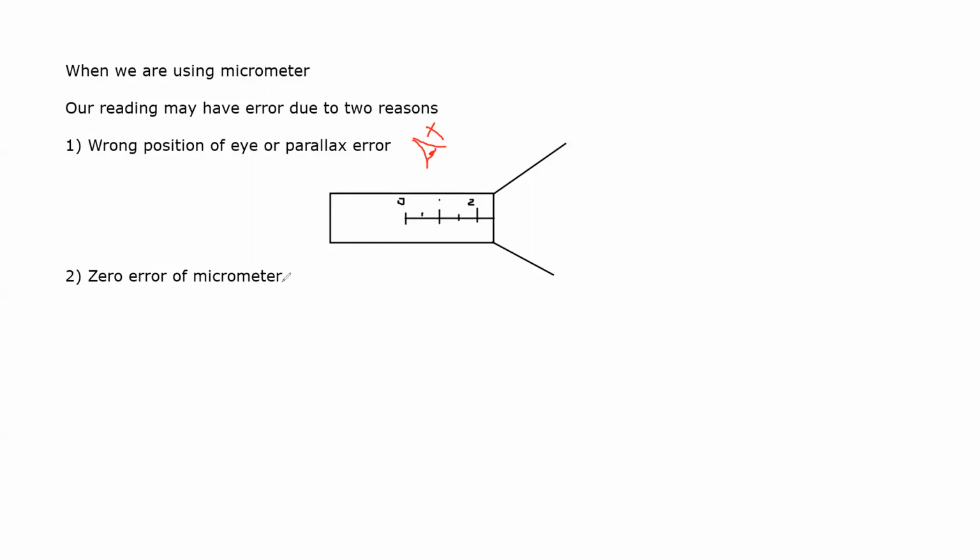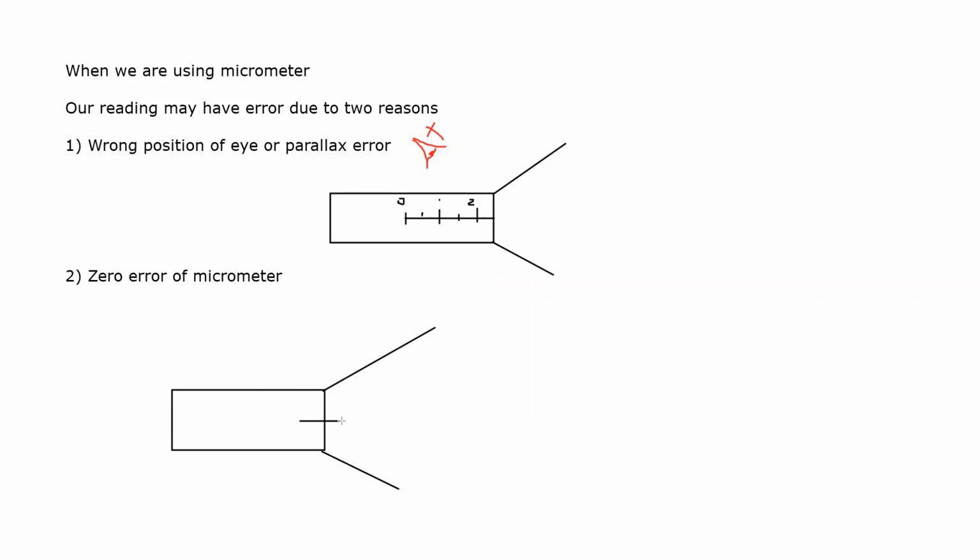But what about the zero error? What is the meaning of a zero error? Zero error means when we completely close the jaws of the micrometer, with nothing placed between them, how should it appear?